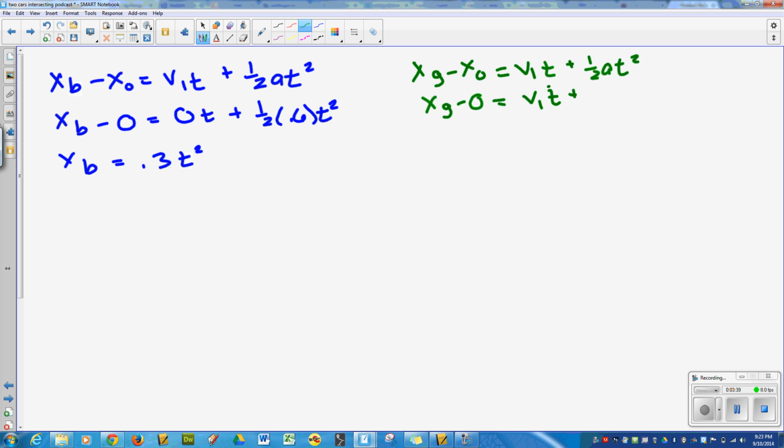Now, the time is shifted by 4 seconds from the blue car. So I represent that as t minus delta t. So t minus 4 seconds because it was 4 seconds later into the intersection. And then this will be 0. Same thing with that t. So let me rewrite it.